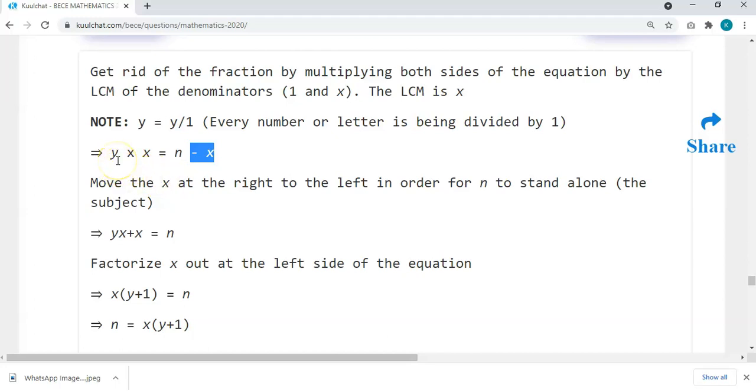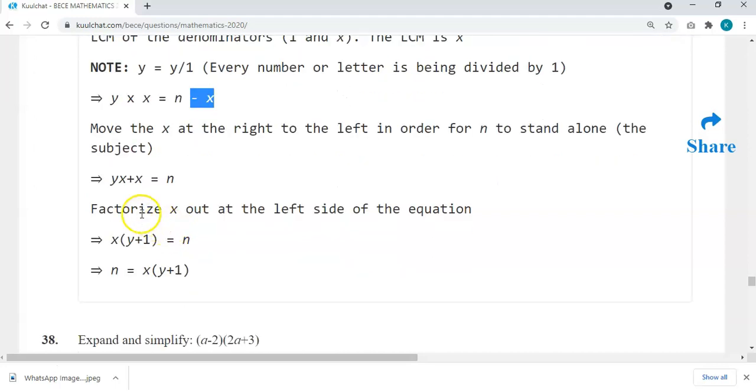So we have yx plus x is equal to n. Now you can factorize x out because x is common over here and common over here. When you factorize x out, you're left with y.